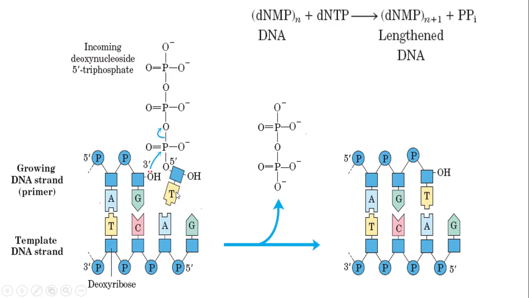So what will happen is that if an incoming base comes in, it's going to actually react with the 3 prime with the phosphate. And then at the end of the day, 2 phosphates will actually be released in what is called pyrophosphate. And then if you come to this other side, you can see A and G. Now you can see the T has actually been added.